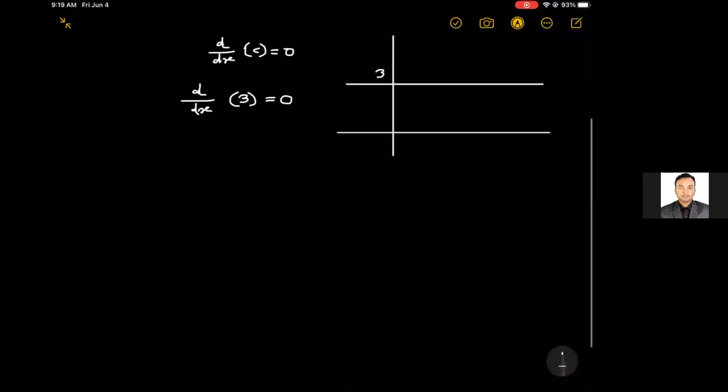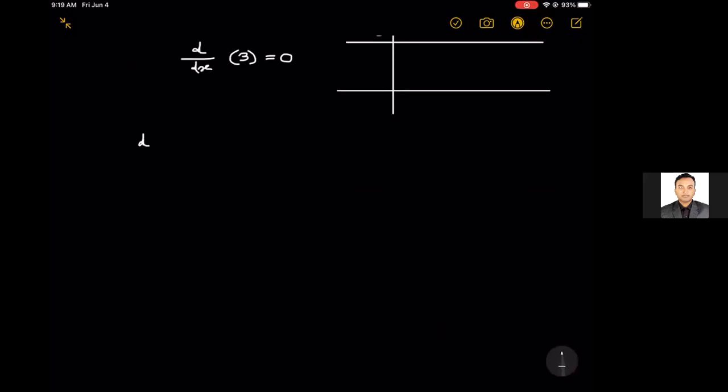So let me show you another example. What should be the derivative of this, and why? Pi would just be 0 since it's technically a constant, or it could be represented as 3.14, so it's 0.